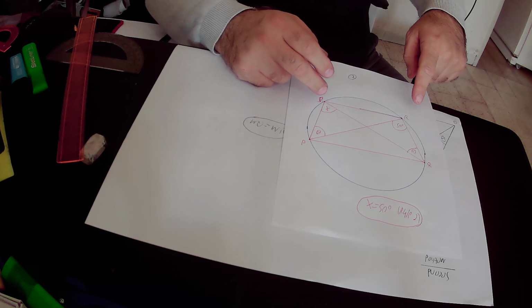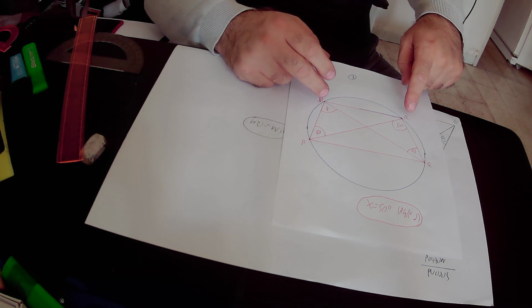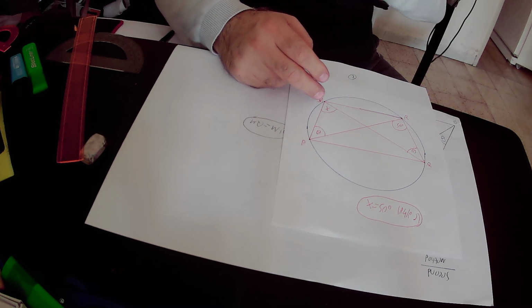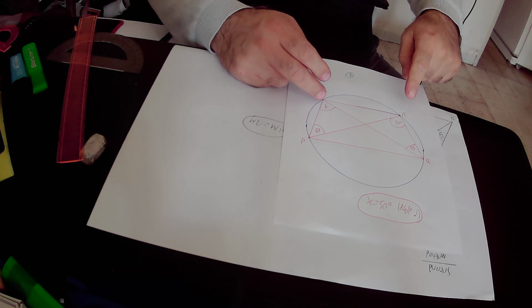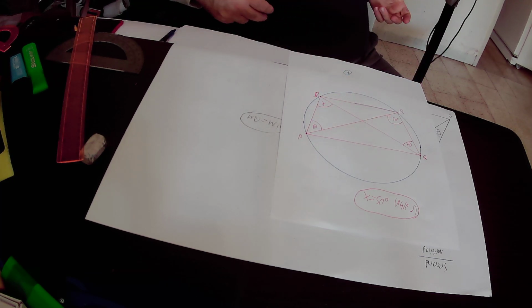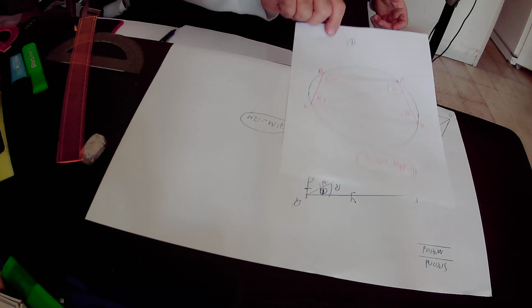Here we have angle X and the angle that equals 50 degrees subtend on the same chord PQ. Therefore, according to rule number 2, they are equal to each other. That is to say, X equals 50 degrees. So we found out, according to the second method also, that the size of angle X is 50 degrees.